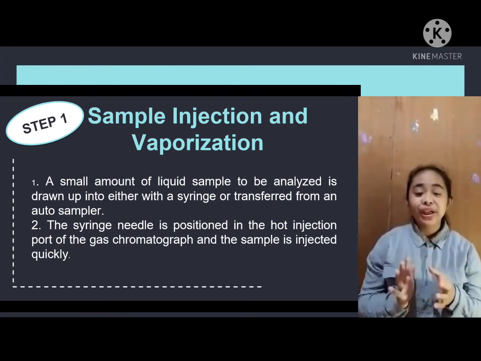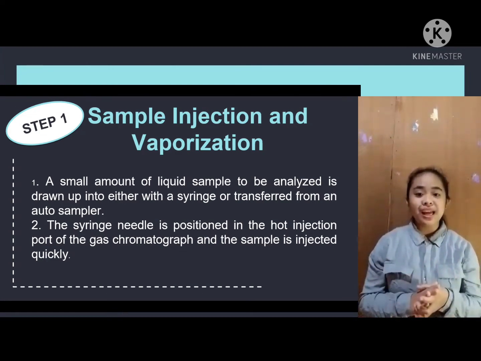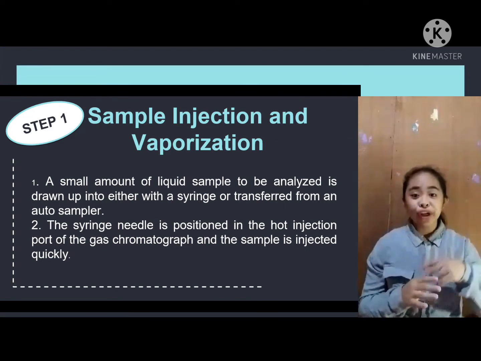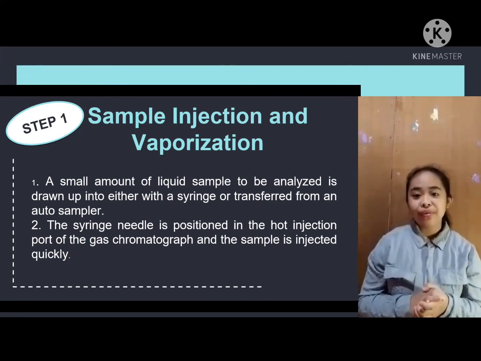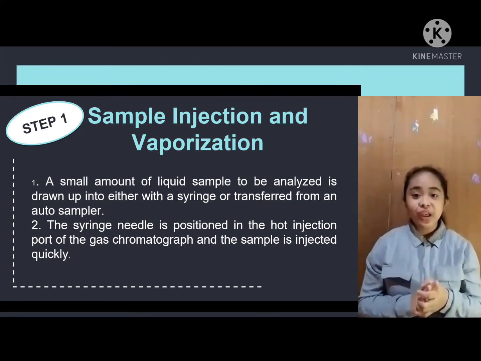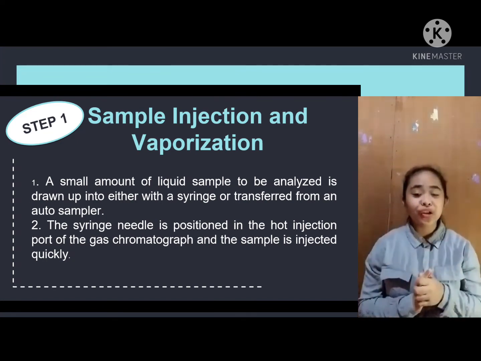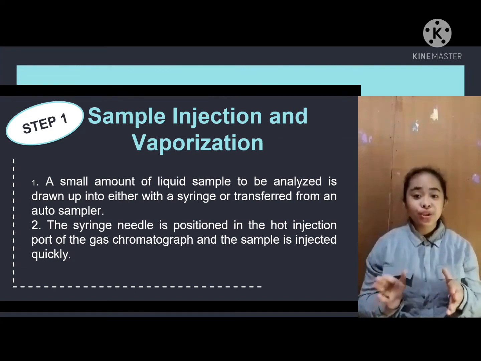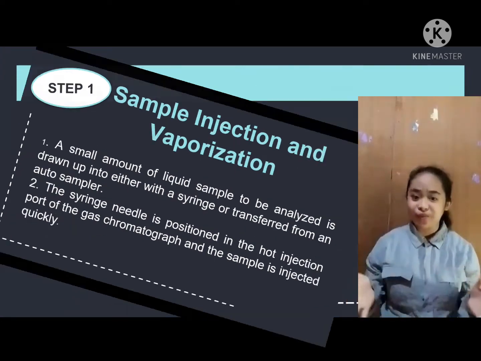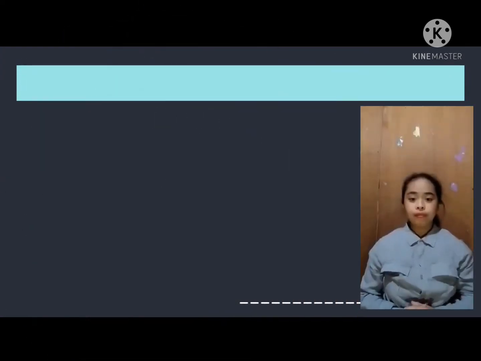Then the syringe needle is positioned in the injection port of the gas chromatograph, and the sample is injected quickly through a septum, which enables the injection of the sample mixture without losing the mobile phase.